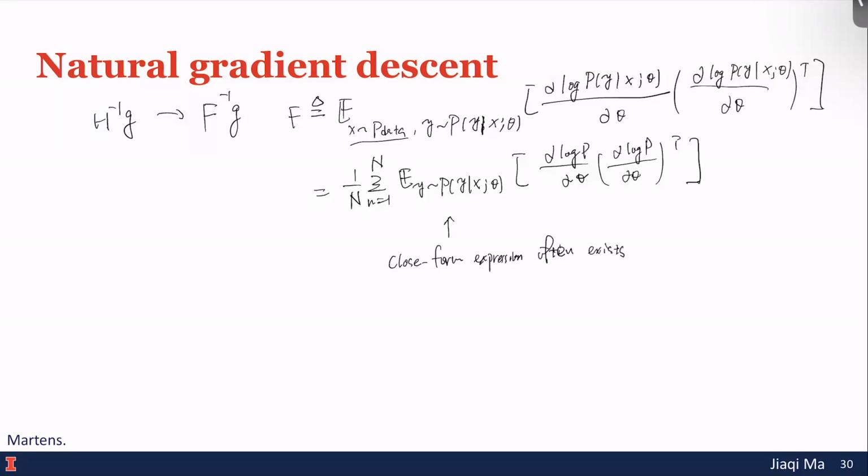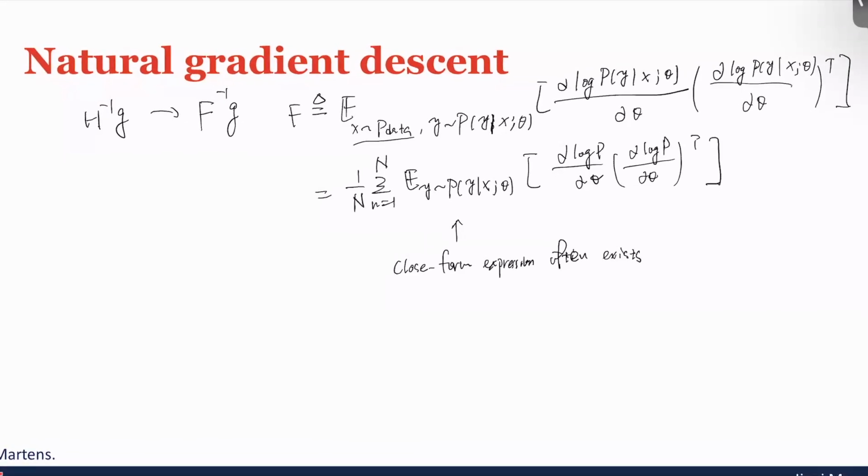So while it's written as an expectation, for certain p(y|x) parameterized by theta, we can evaluate it because the closed form exists. And there's another thing relevant to it, something called the empirical feature.